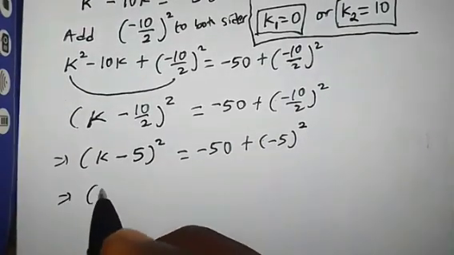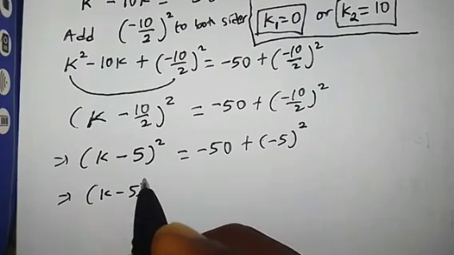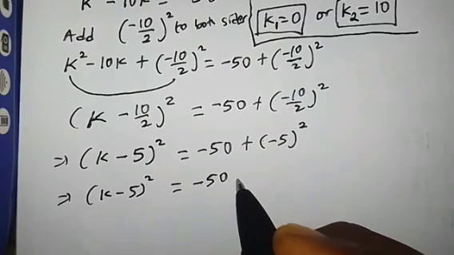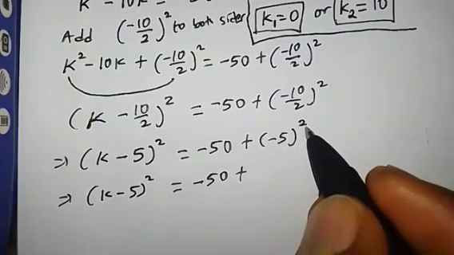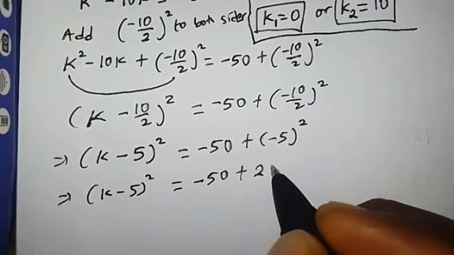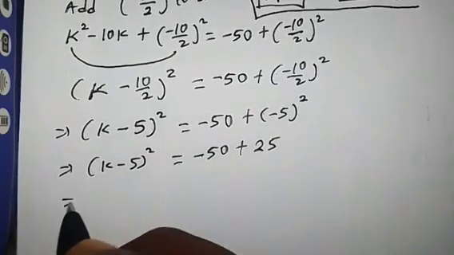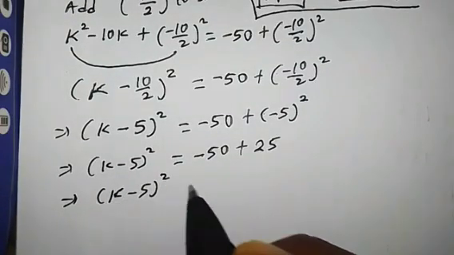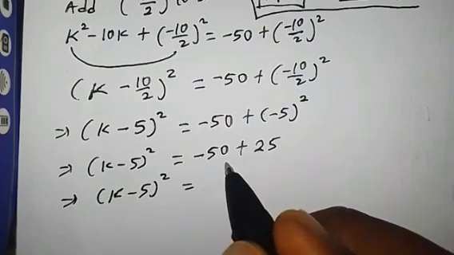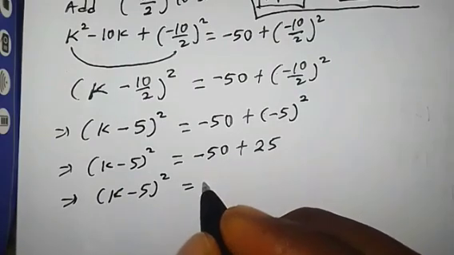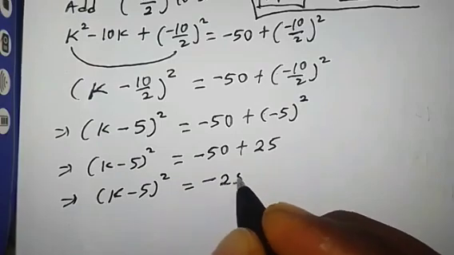This means that (k minus 5) all squared is equal to minus 50 plus (minus 5) all squared, that is minus 5 times minus 5, which is plus 25. This means that (k minus 5) all squared is equal to minus 50 plus 25, that is minus 25.